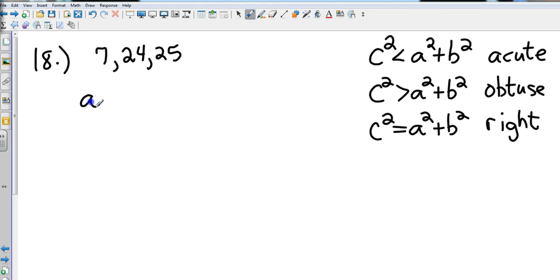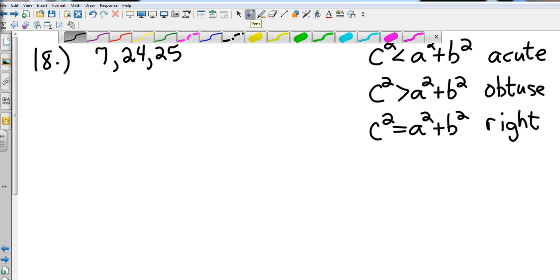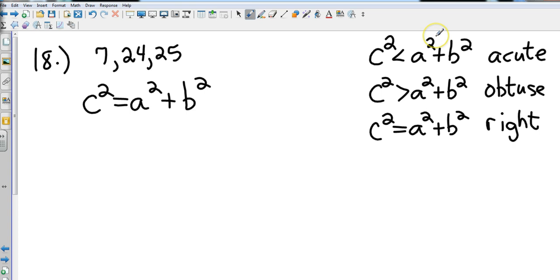So again, I'm going to do it different this time. I want to do it in the same form that I wrote over to the side. So we're going to do c squared equals a squared plus b squared. Again, we don't know if it's going to be equal. We'll see what happens. So c is going to be our greatest number.